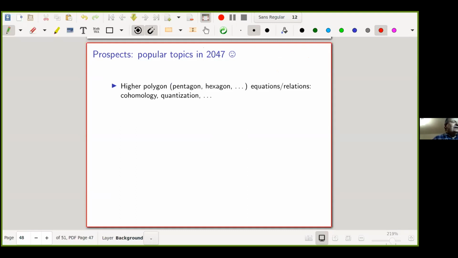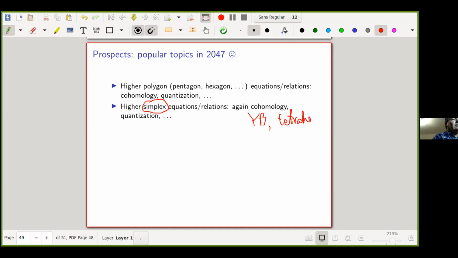Okay, I think that popular subjects will be higher polygon equations. You see, there are simplex equations. For instance, simplex, this is Young-Baxter, tetrahedron, and so on. But there are also polygon equations closely related to them.